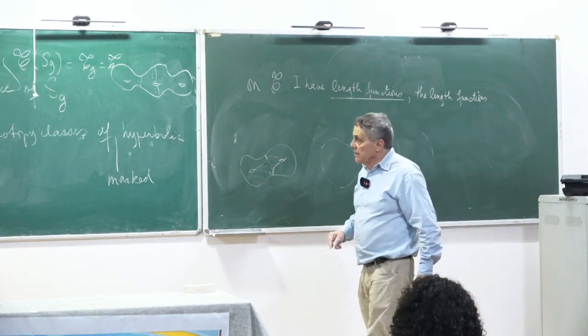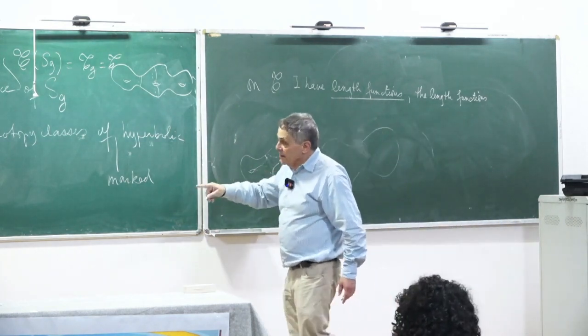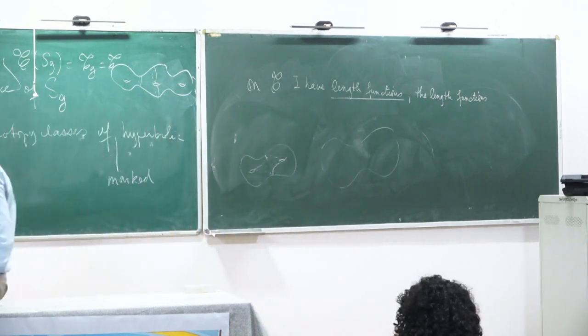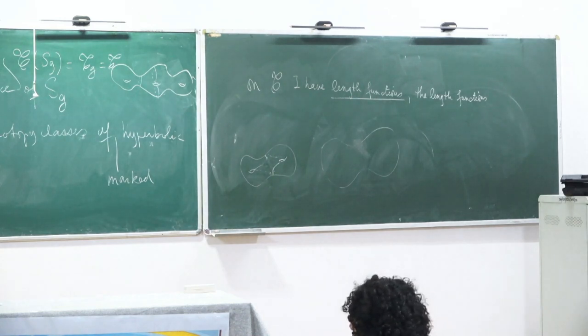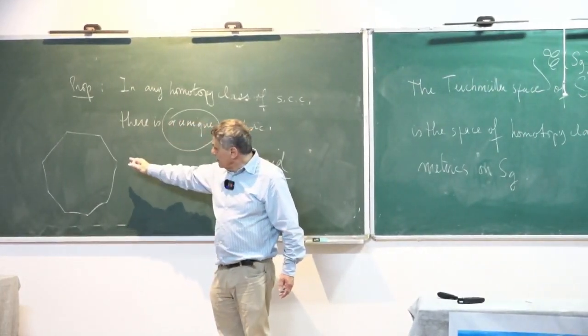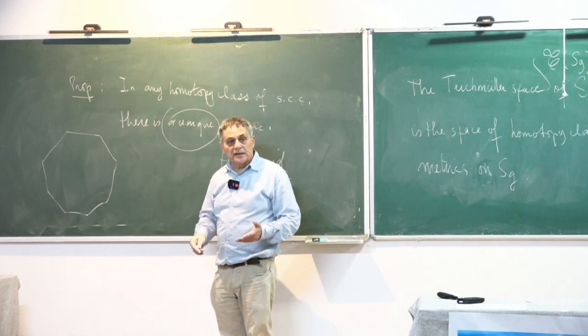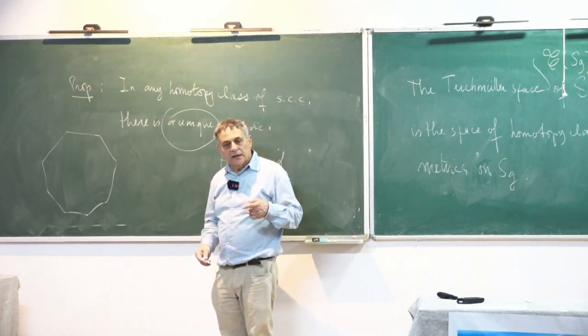So you see, we had this picture. If the surface is like the one before, obtained by gluing the sides of an octagon, then we had A, B, C, D, and so on.